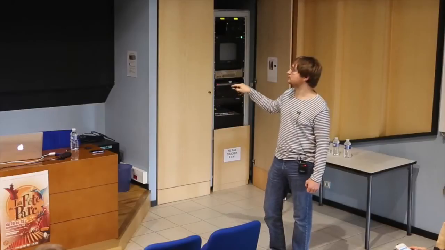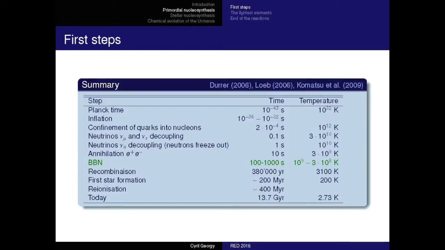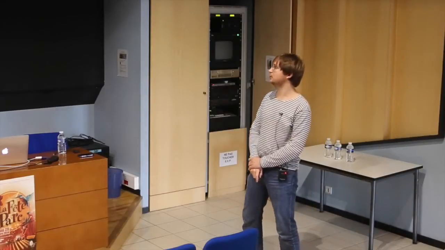When the temperature goes below this 3 times 10 to the 9, the photons were no longer energetic enough to produce this kind of reaction. So basically, all the electrons and positrons annihilate themselves until there were no more positrons in the universe, and this produced a huge amount of photons that still remain today.